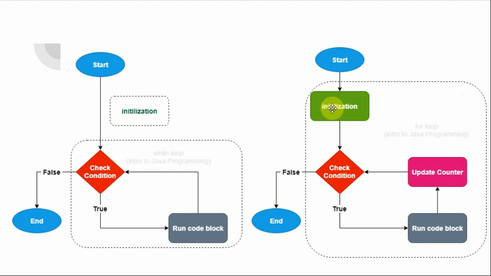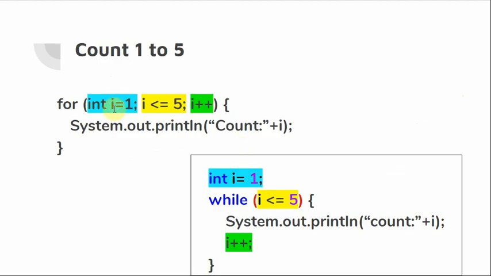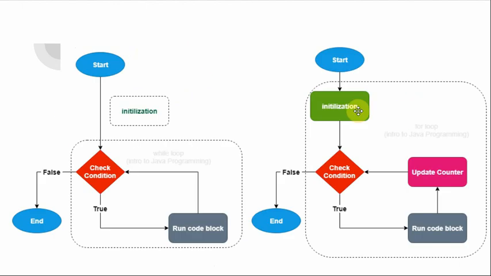It is not executed again and again. From here it might seem like it will initialize again and again. No, that's not the case. Once it initializes, it goes to check the condition, then runs the code, then updates the counter, then checks the condition, runs the code, updates the counter, and if the condition is no longer met, it will end the loop.